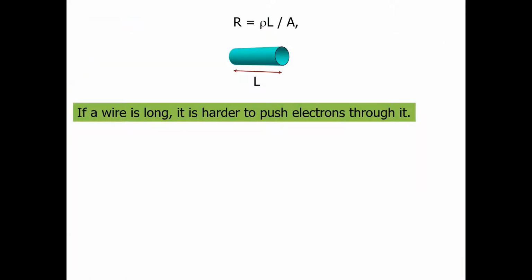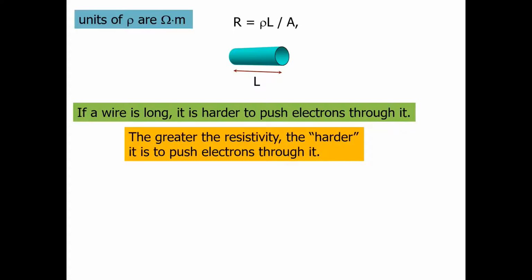Okay, so if a wire is long, it is harder to push the electrons through that wire. And the unit for resistivity is ohm meters. The greater the resistivity of the wire, the harder it is to push the electrons through it. So if the resistivity of the wire is higher, then the resistance will be greater.